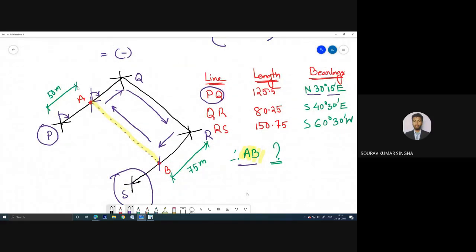The length AQ is not given in the question directly, indirectly it is given. Tell me what is the value of this distance, because we need to know the length. This length is already given, and this length is not given, we will determine this L. Now you tell me what is this value, anyone.